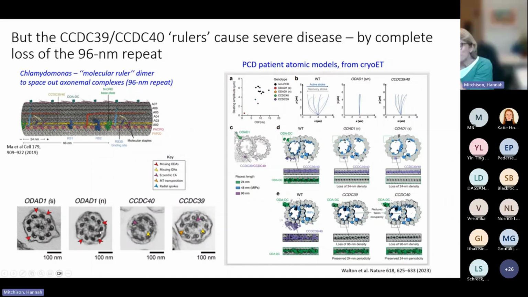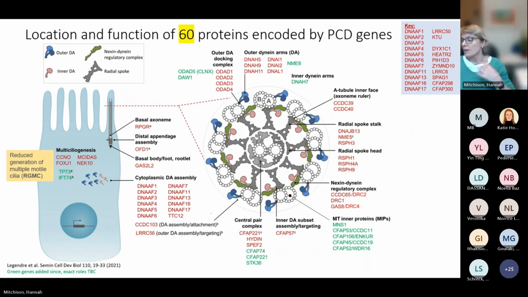Just in our familiar transmission EM microscopy, we can see that ODAD1 lacks the outer dynein arms. CCDC40 has a bit of a mixture, missing outers, inners, eccentric central pairs, microtubular transposition. It's like the whole of the structure is completely messed up, and that's clearly much more detrimental to airway cilia.